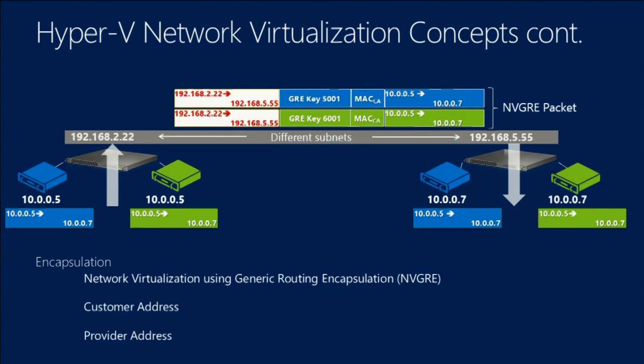We actually submitted drafts to the IETF, and you can download copies from their website. So that's how it differentiates these 2 packets, right? From left, same IP address, same provider address, but we put them on 2 different VSIDs, and that's how we differentiate them. This is the customer address, this is the provider address, and this is the VSID.